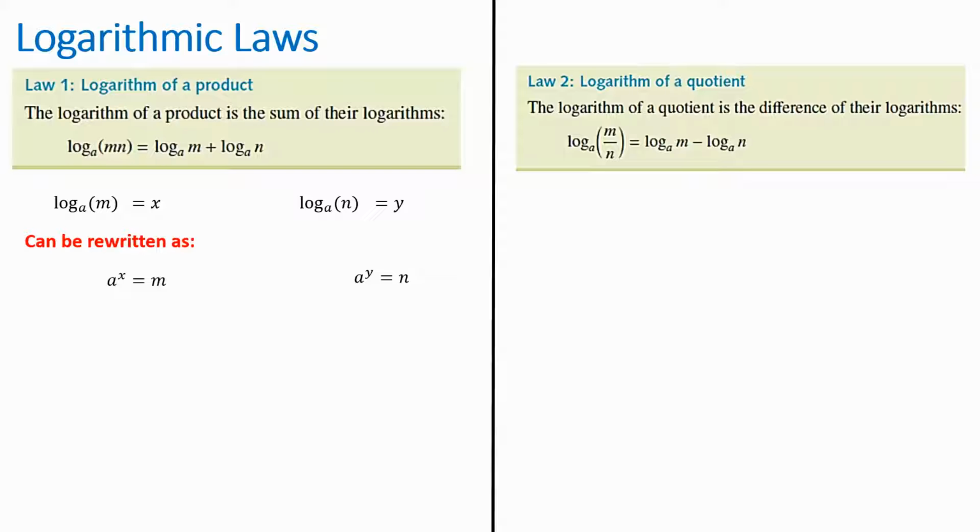Now the nice thing about this is if I use my exponential rules, because they're talking about multiplication, then what if I got m times n? M times n is the same thing as saying a to the power of x times a to the power of y. Agreed? I'm just using exponential laws, converting a log to an exponential.